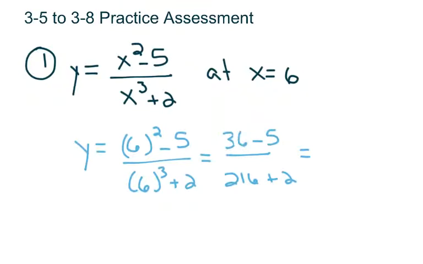And 36 minus 5 is 31, and 216 plus 2 is 218. Well, as long as I get a real answer out, it must be continuous.